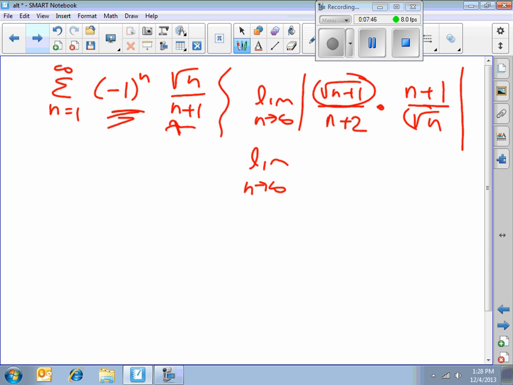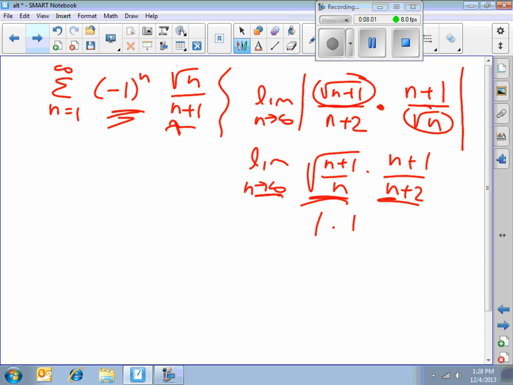Let's put these square roots together. Square root of n plus 1 over n times n plus 1 over n plus 2. Now, as this thing's getting very large, this one's heading to 1. As this is getting very large, this one's heading to 1. So this is heading to 1 times 1, which is equal to 1. Inconclusive.